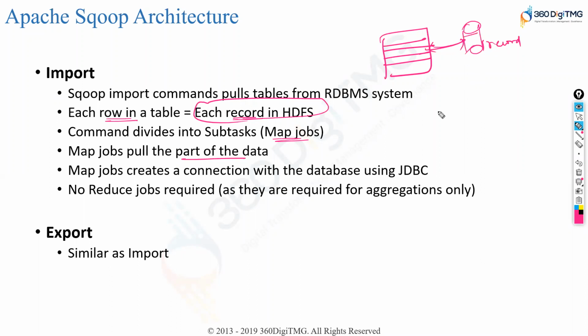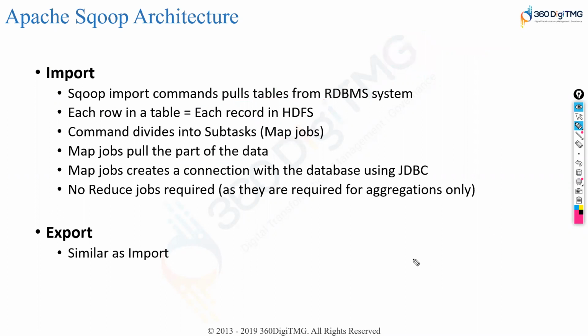So one record in the table is getting entered into HDFS as one record, right? And here there is no reduce, we're not reducing anything. So no reduce task will be there. Export is also the same thing. You first take each record or each row from your HDFS and then create a table in your SQL, just reversing the order. So we do not have reduce jobs for import and export using Sqoop. You'll only have map jobs.